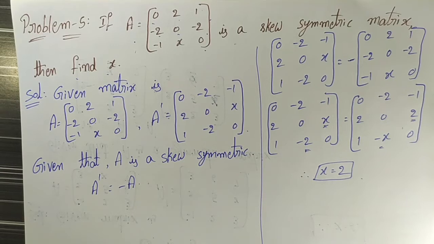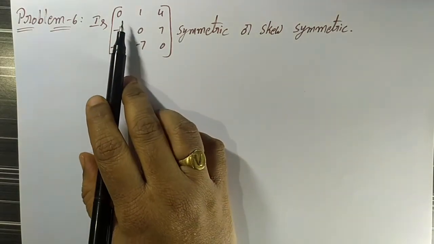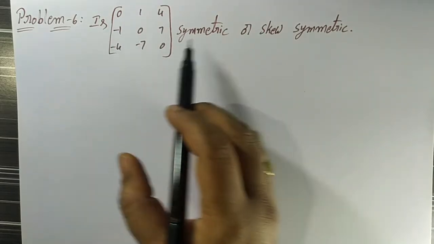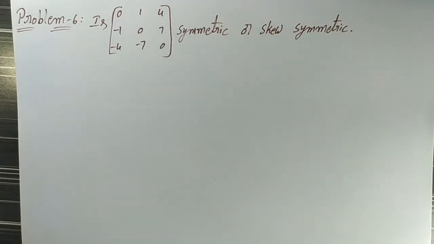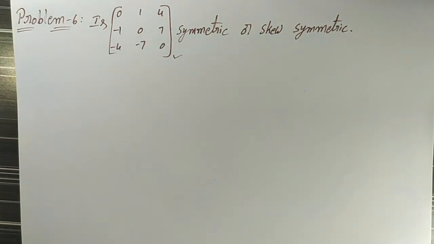Next, we will go to the next problem, problem number 6. The given sixth problem asks whether the matrix [0, 1, 4; -1, 0, 7; -4, -7, 0] is symmetric or skew symmetric. In this problem, we have to check whether the given matrix is a symmetric matrix or a skew symmetric matrix.